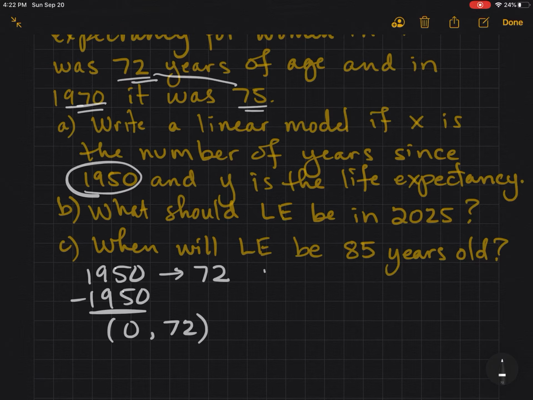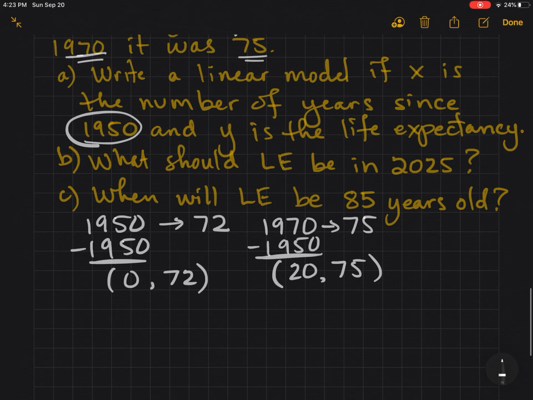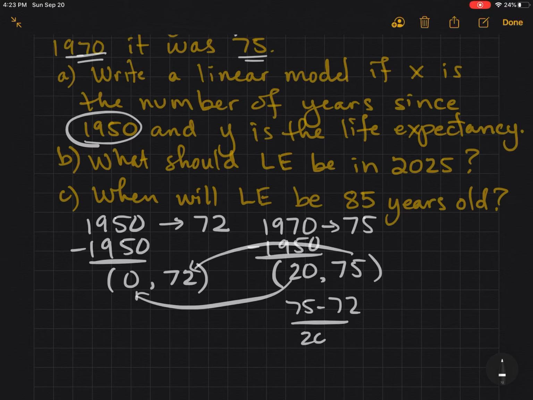And the other point said in 1970, the life expectancy was 75, so the number of years since 1950 is 20. So there's my second ordered pair. Once we have 2 ordered pairs, we can find the slope, 75 minus 72 over 20 minus 0, and our slope is 3 over 20.